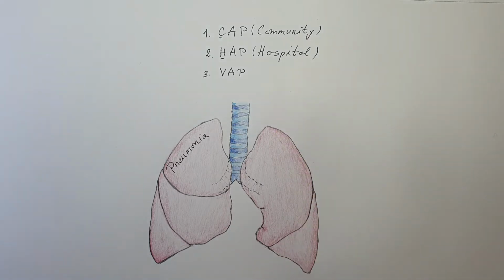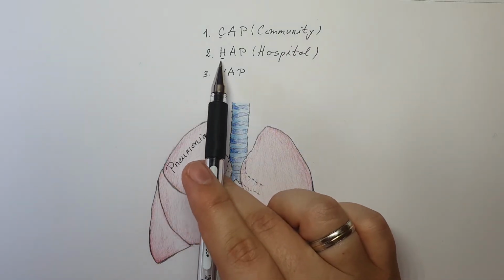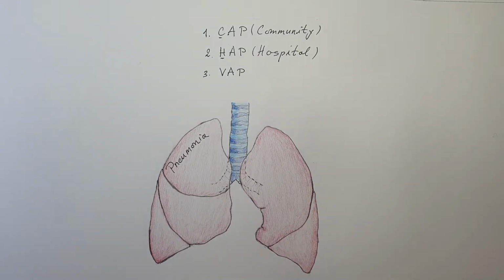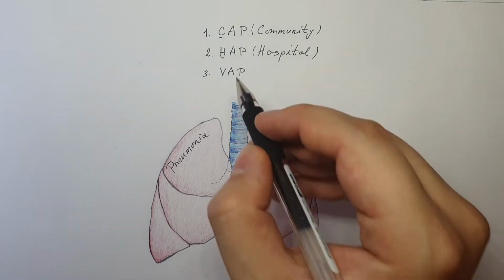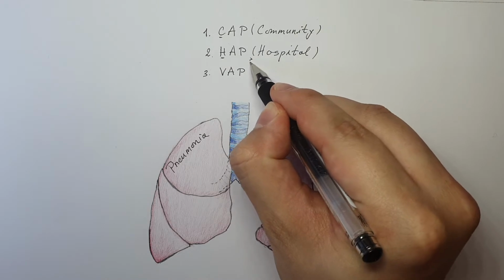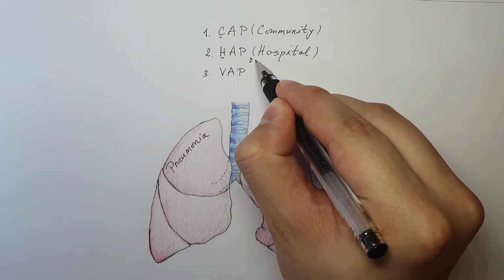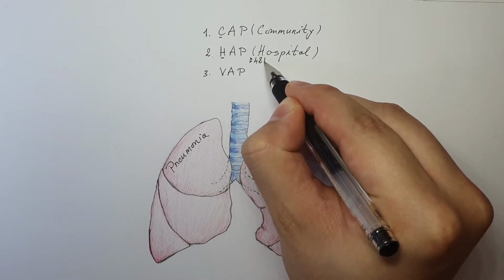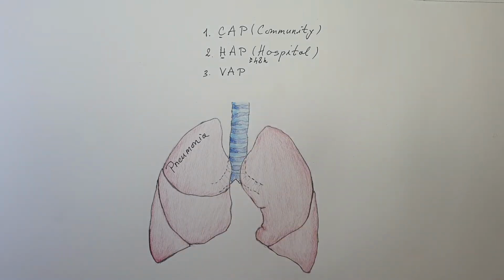Then we have the hospital-acquired pneumonia. The hospital-acquired pneumonia, as the name states, has developed in a clinical setting in the hospital. Patients who have been hospitalized for 48 hours or more, or 2 days, and then develop symptoms, have hospital-acquired pneumonia.